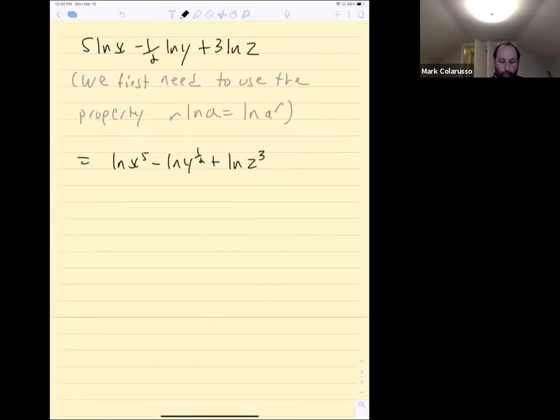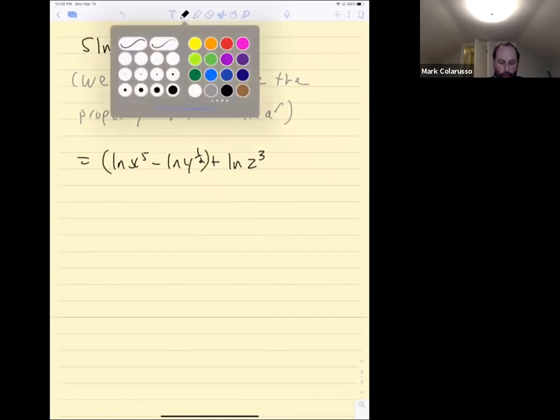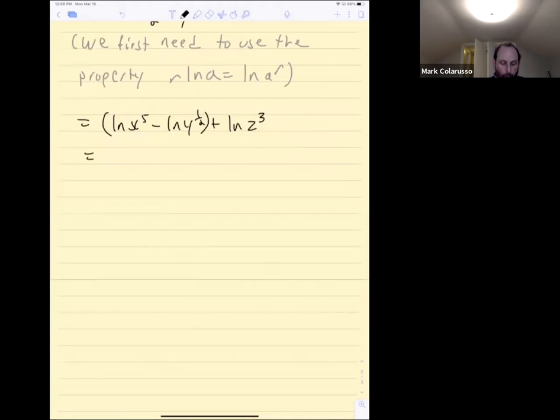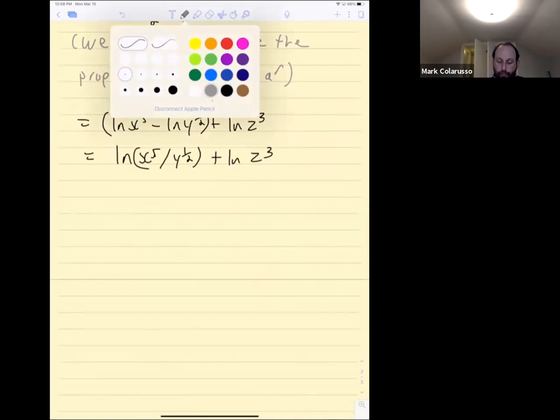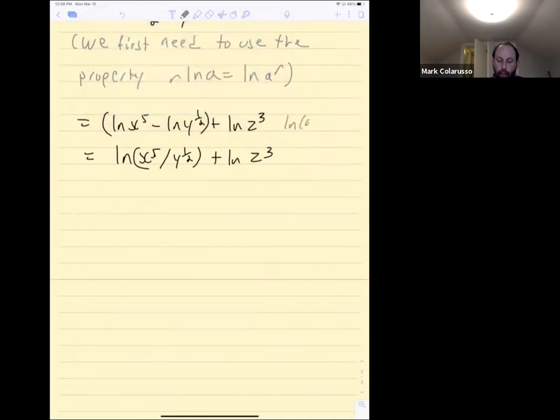You have to decide how to bracket the expression. I'll bracket it this way. Using the quotient property, this is ln of x to the 5th over y to the 1/2, plus ln z cubed. So that's using ln a over b is ln a minus ln b, used in reverse.